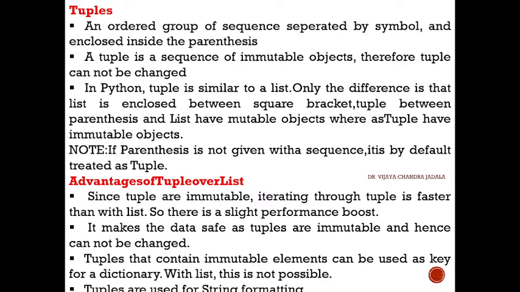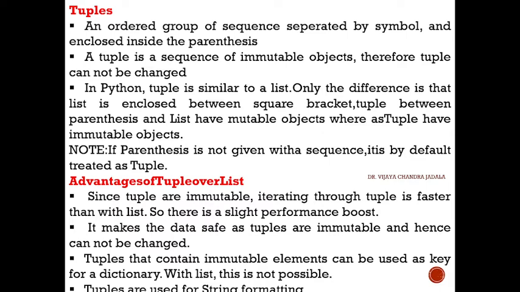A tuple is an ordered group of a sequence separated by commas and enclosed in parentheses. A tuple is a sequence of immutable objects, therefore tuples cannot be changed.